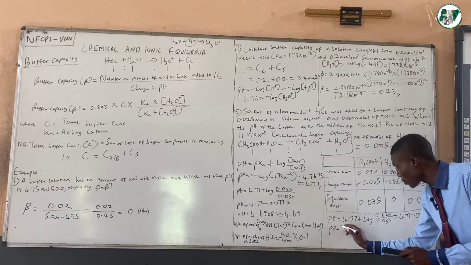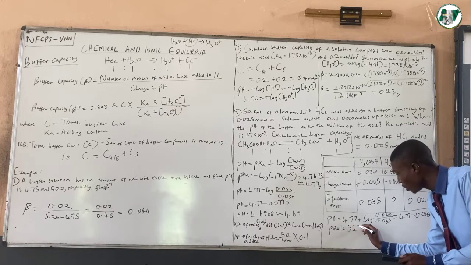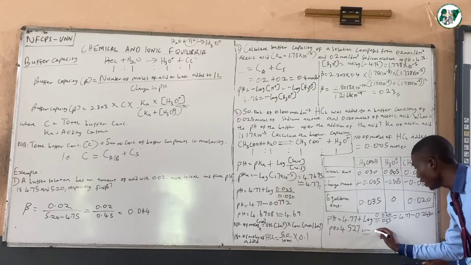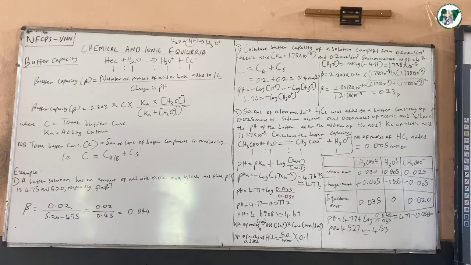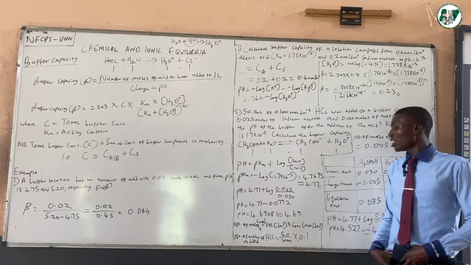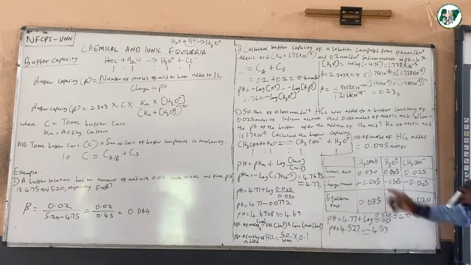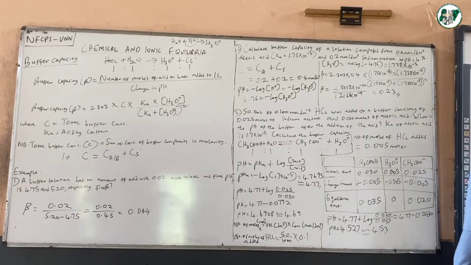That's going to give us 4.527, so that's approximately 4.53. If you check your material, you see that what we have there with the other procedure is the same thing. Now, do you remember what I told you? By addition of acid, we are going to be causing the pH to go down. So 4.69 initially, when you added acid, the pH dropped down to 4.53.